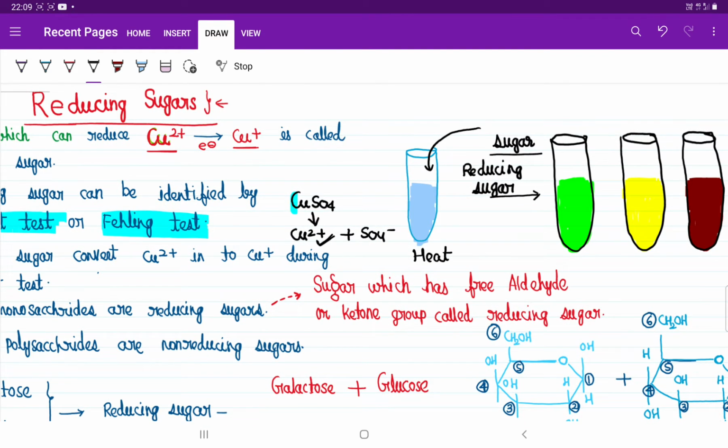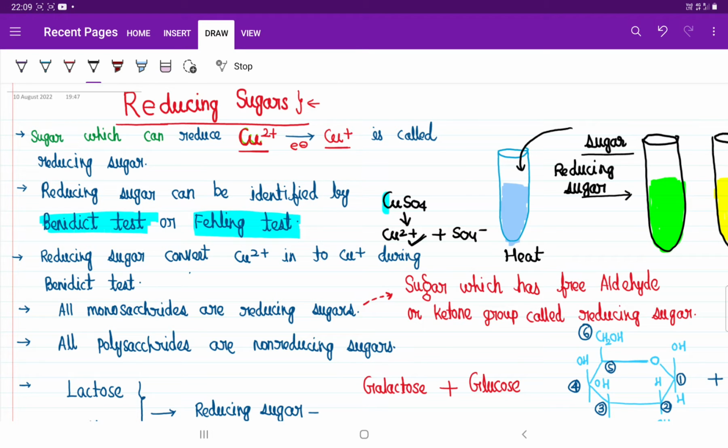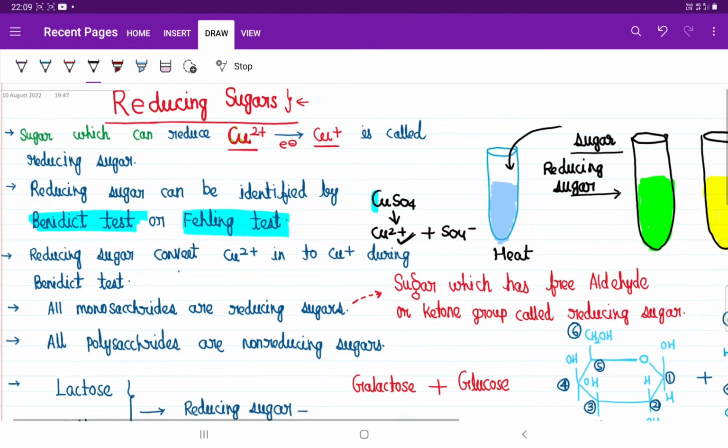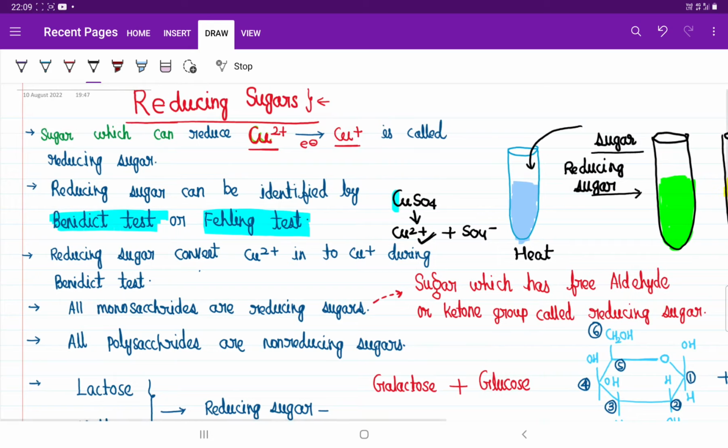By the Benedict test you can easily identify from this color change whether the sugar is a reducing sugar or not. Now the question is, which kind of sugar, on the basis of biochemistry and structure, can we tell has the capacity to do it?